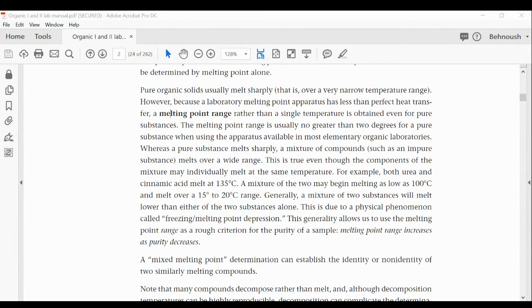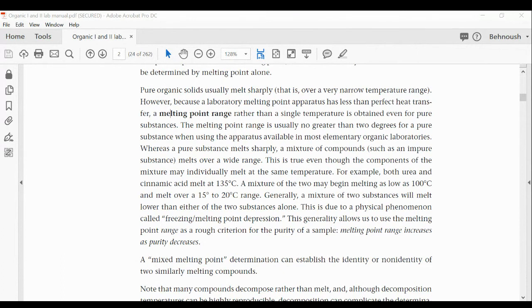So that's one reason. The second reason you cannot reuse it is, again, on the board. Simon put it on the board, that's nice. The crystal structure can change. You melt the organic compound, and when it goes back to solid, it can crystallize in a different crystalline structure, and a different crystalline structure is going to have a different melting point.